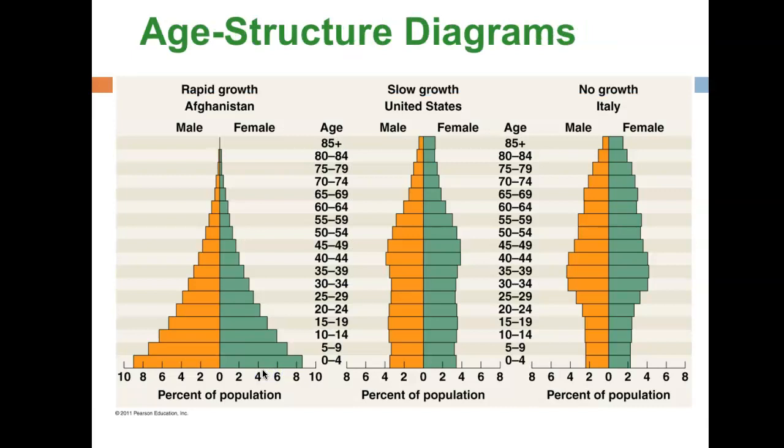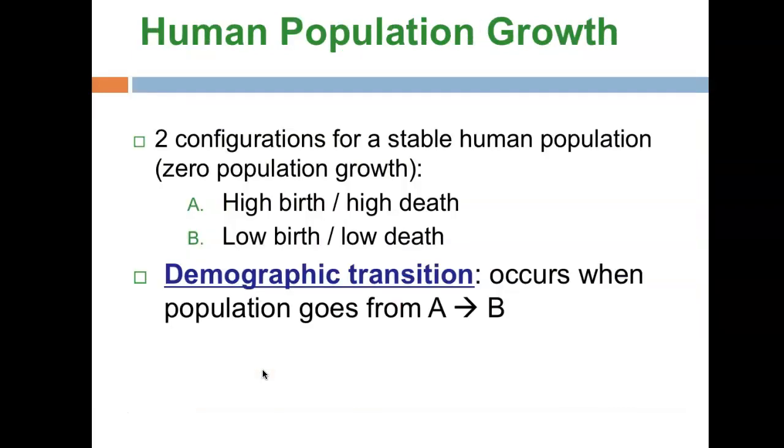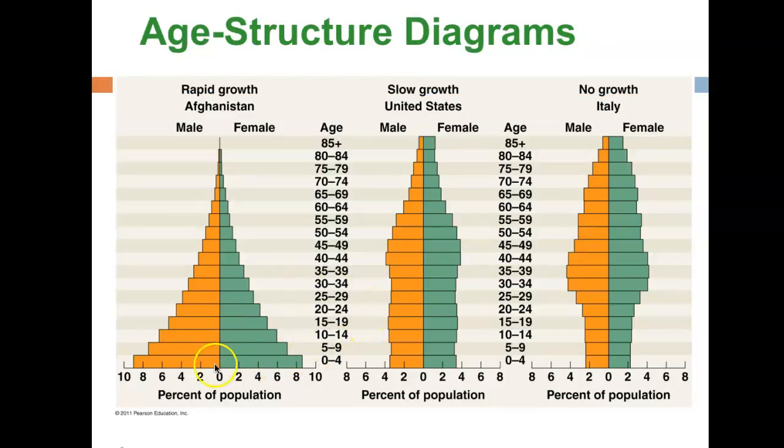All right, and these age structure diagrams are how we make a visual of the demographic structures. Right here is an age structure diagram of Afghanistan, the United States, and then Italy. What you can see with Afghanistan is that it is type A, high birth, high death. The United States has a slower growth, a little bit higher birth than death.